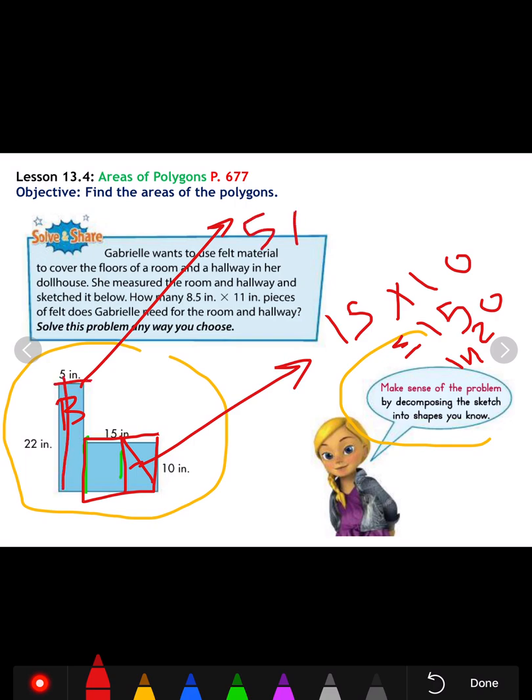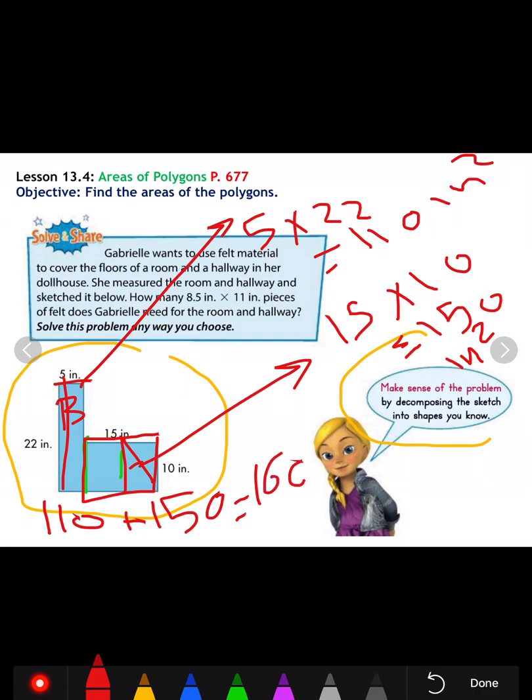So 5 multiplied by 22 equals 110 inch squared. Now for the total area, I have to add 110 plus 150 equals 160 inch squared. By this we find the area of the total shape, or the total polygon.